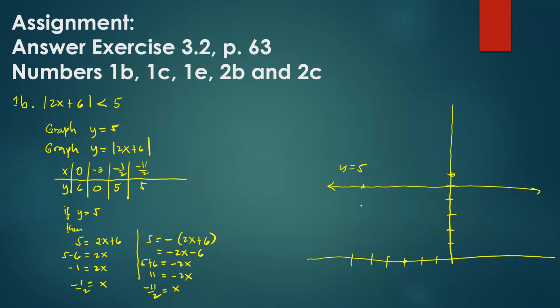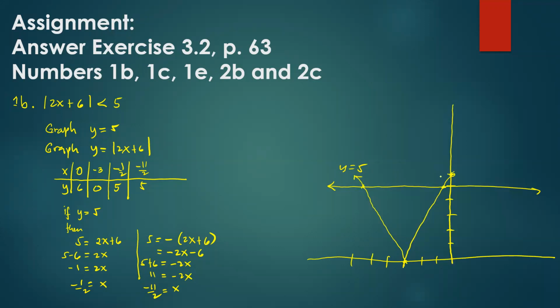So this is our graph. Where's negative 1/2? Okay, at least negative 1/2. Negative 1/2, 5. Okay, so this is now our graph.